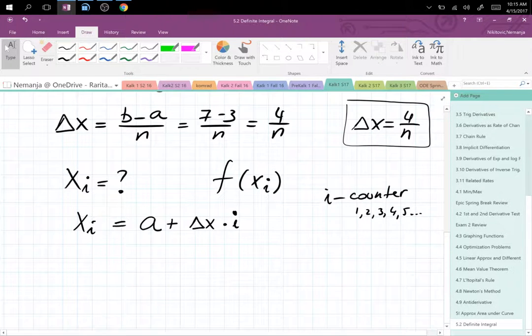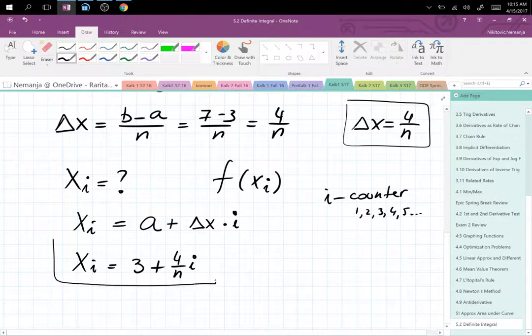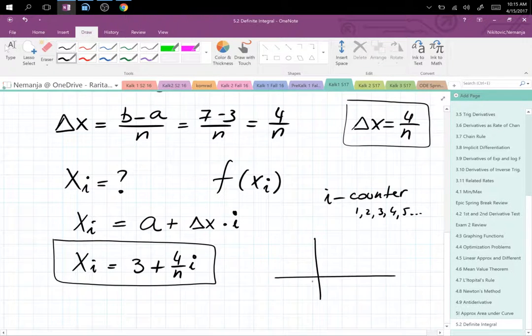Now, does this make sense? x_i is 3 plus 4 over n times i. I hope you see that it does. Because if the function goes like this, and this is your a, then the next number is going to be a plus delta x, and the next number here is a plus 2 delta x, and so on.